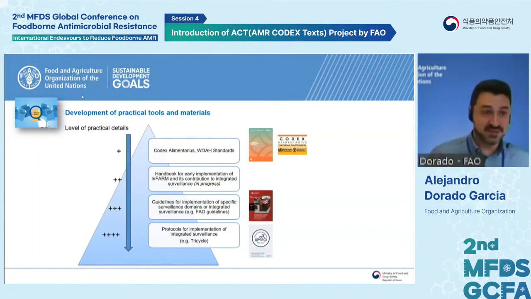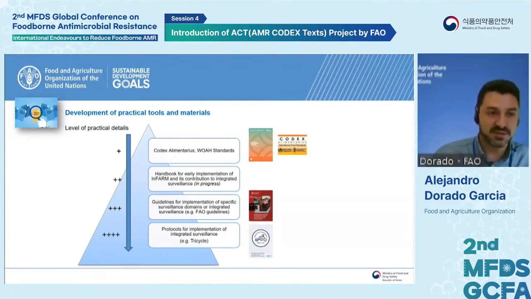So if we put in a pyramid the different levels of practical details that guidance around the world are giving for integrated surveillance, at the top of the pyramid, we have the Codex Alimentarius guidelines, also the WOAH standards. So we have the standards. This project is also going to support the development of a handbook for early implementation of InFARM and its contribution to integrated surveillance.